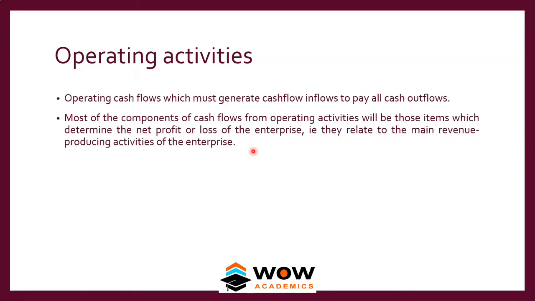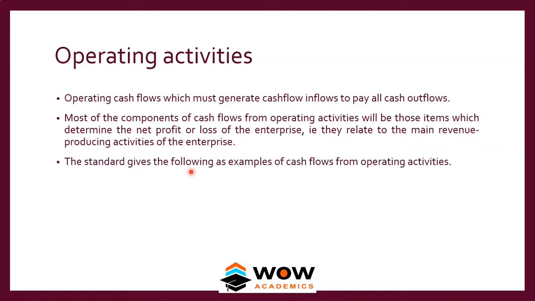See, by nature, the operating activities part of the cash flow statement should be the biggest. It should be consistently the positive cash generating part. If it's going to be consistently a cash losing activity, then the company would be going towards bankruptcy.